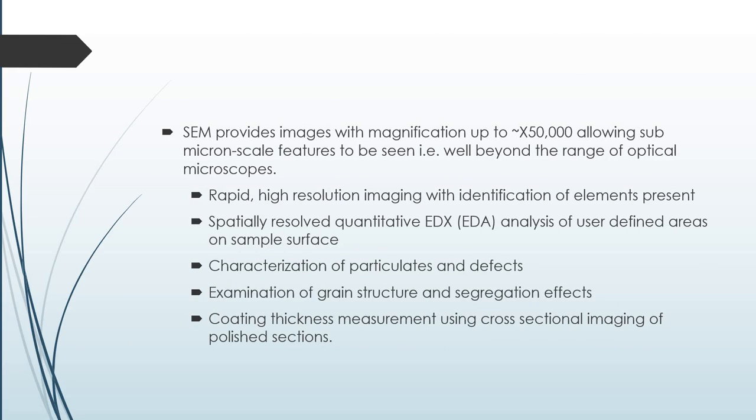SEM provides images with magnifications up to 50,000, allowing sub-micron scale features to be seen, in essence well beyond the range of optical microscopes. Rapid, high-resolution imaging with identification of elements present.